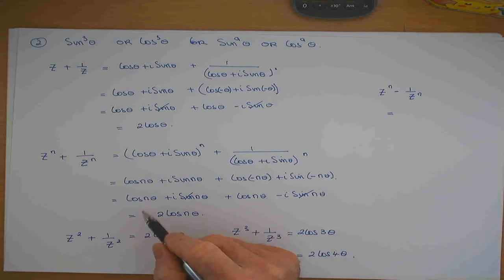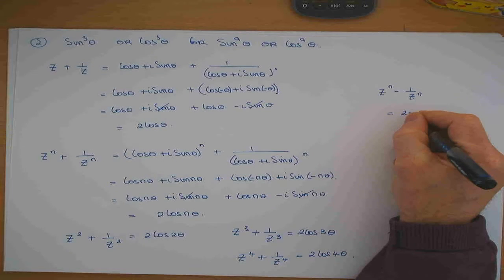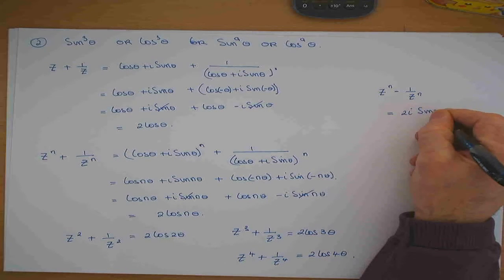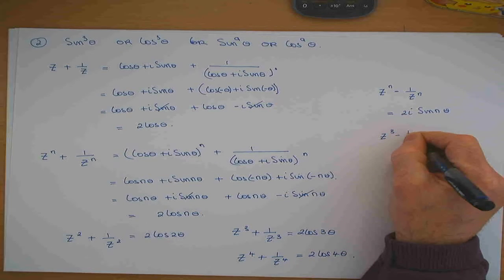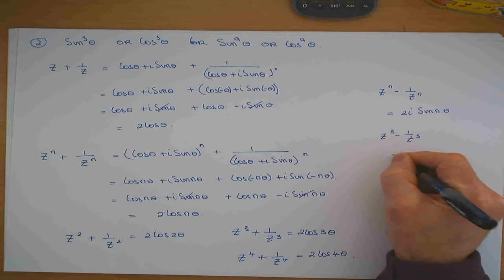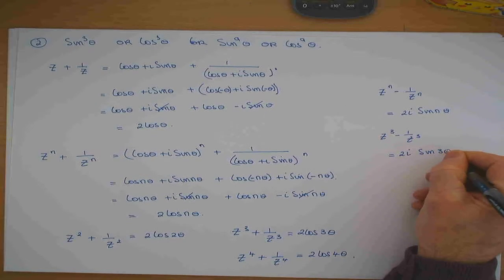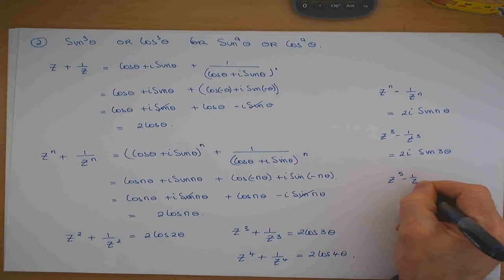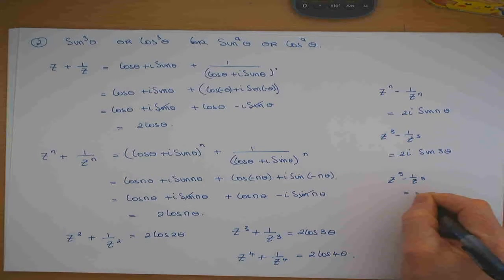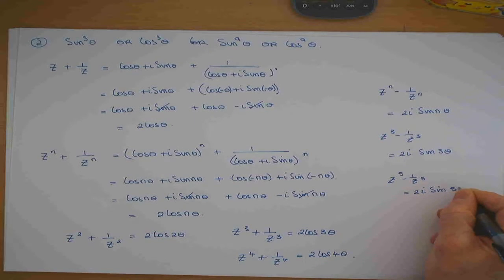So what would cancel in that case? The cosine. So what would I be left with? 2 iota sine n theta. If I get z cubed minus 1 over z cubed, that becomes 2 iota sine 3 theta. Z to the 5 minus 1 over z to the 5, what would that become? 2 iota sine 5 theta.